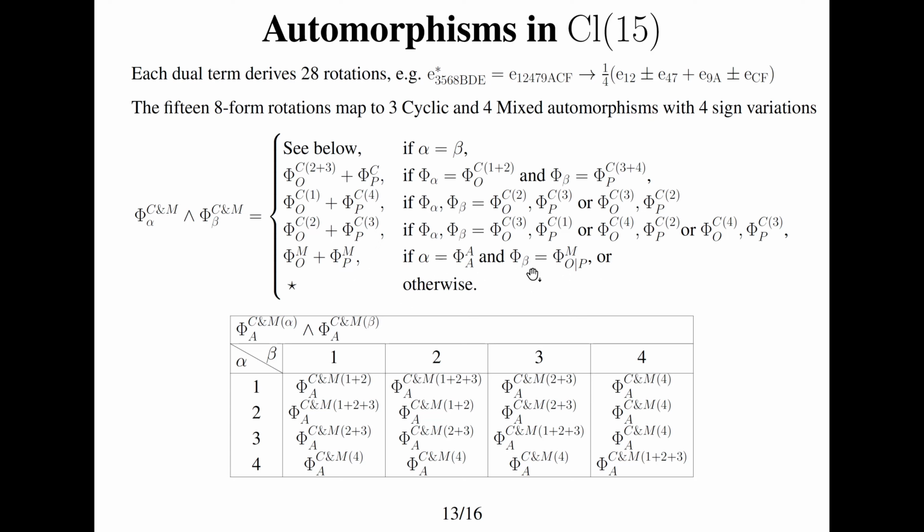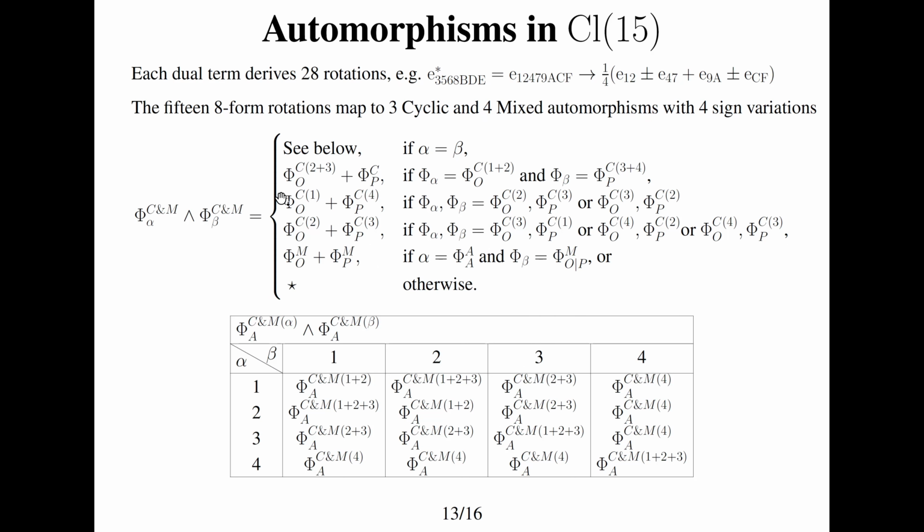So if you multiply any A part by any mixed part, you get a mixed O or mixed P, you get this combination of algebras. Any other combination is not in this table, so it's a star, which means it doesn't have 4 terms. It's not an automorphism, so it's not a closed algebra. That's interesting. So do we choose this part?